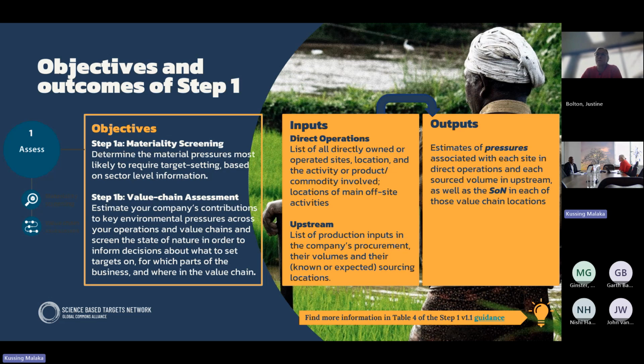So the focus for SBTN is only upstream and within your fence. There is no focus on downstream activities or where your products go after that. At the end of step 1, you should have a list of your activities, and from those, which ones have material pressures on the environment.